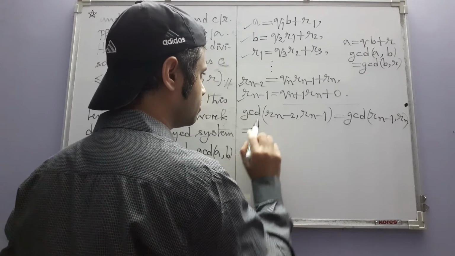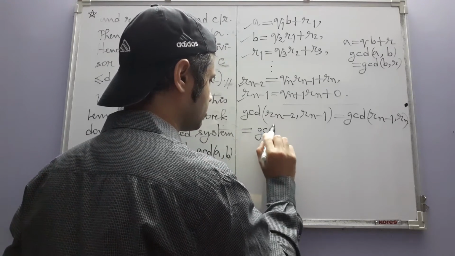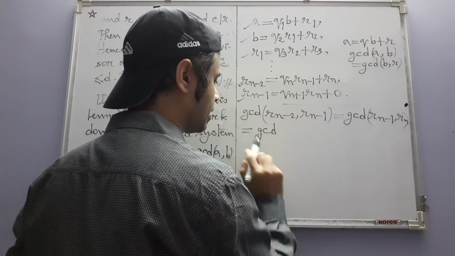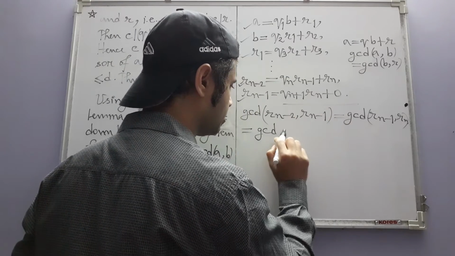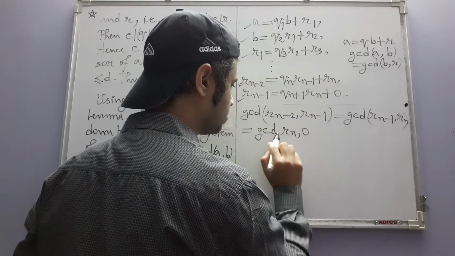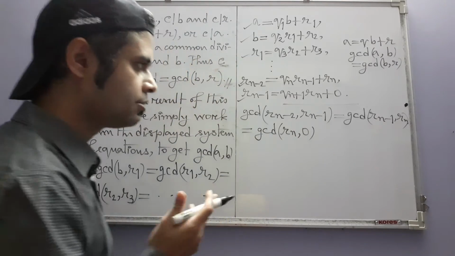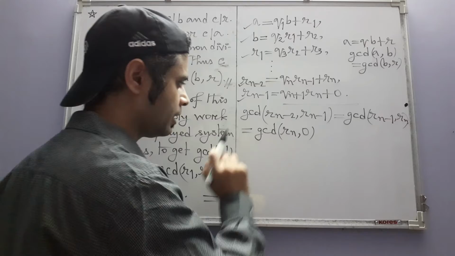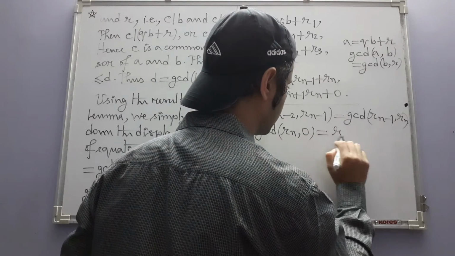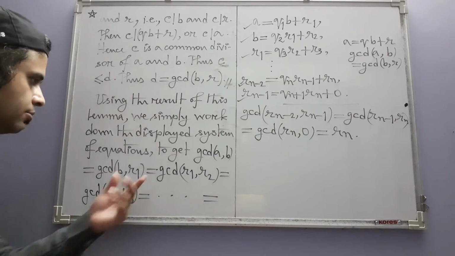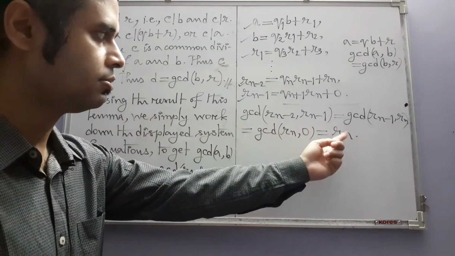So this is equal to GCD of Rn minus 1 and Rn is equal to GCD of Rn and 0. Now Rn is known to be non-zero, so this GCD exists and is equal to Rn. So that's how GCD of A and B is equal to Rn.